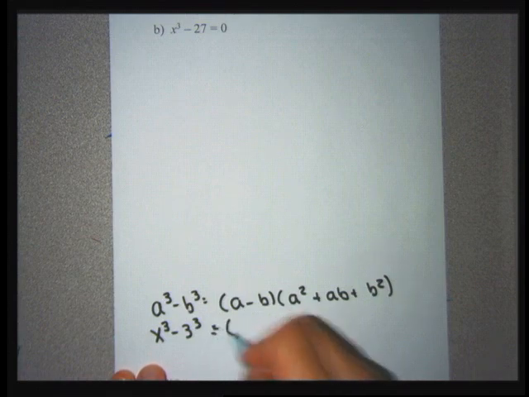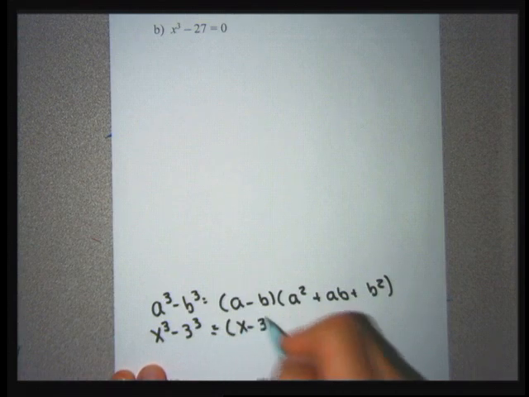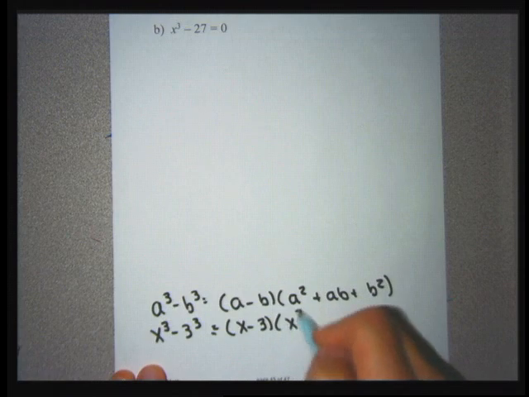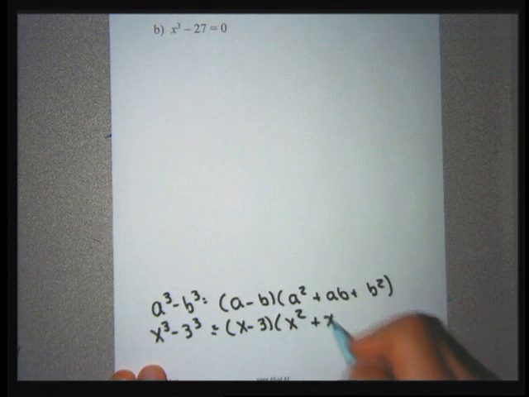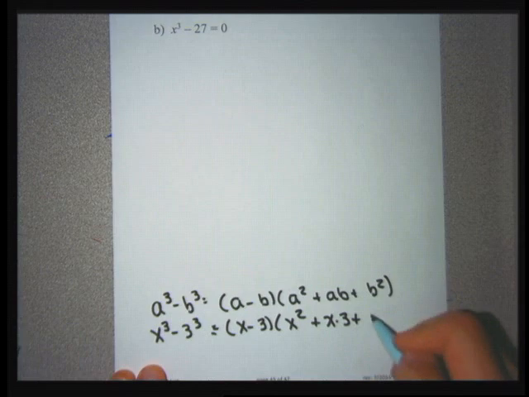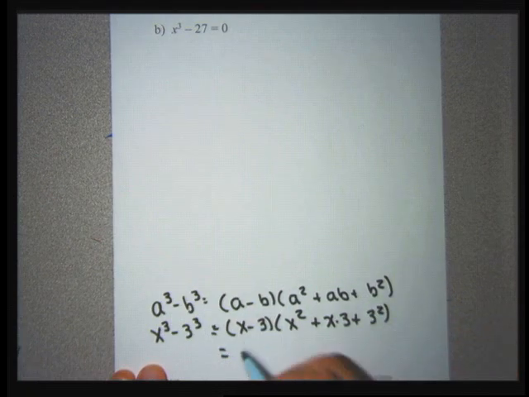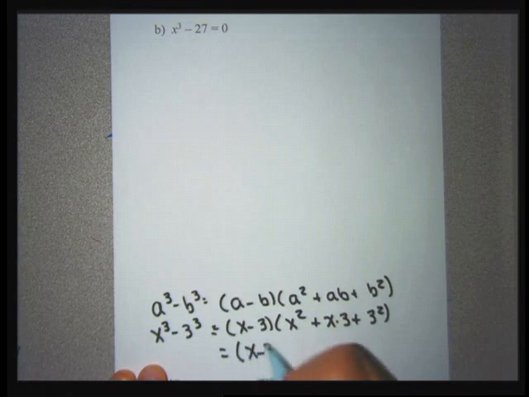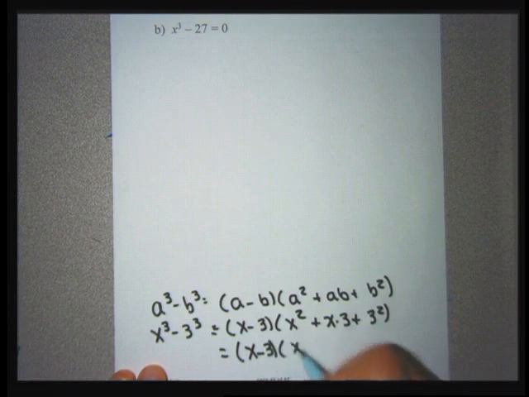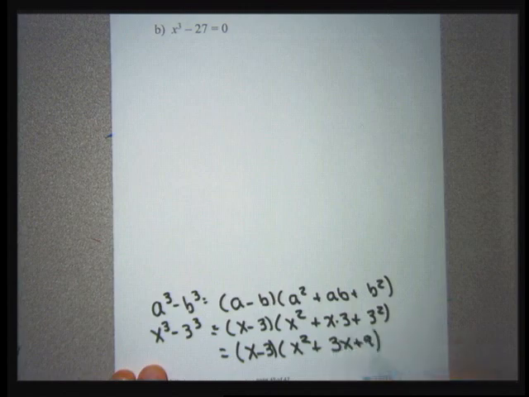This will factor into x minus 3 times x squared plus x times 3 plus 3 squared, which is going to give me x minus 3 times x squared plus 3x plus 9.